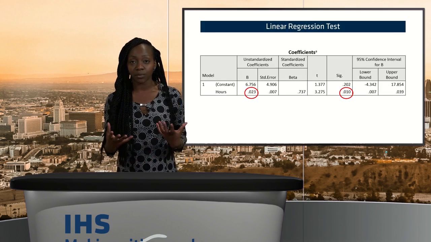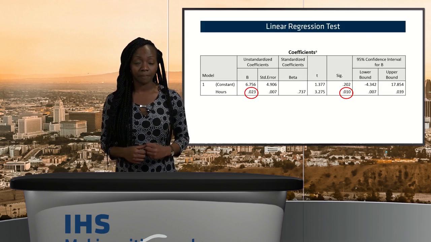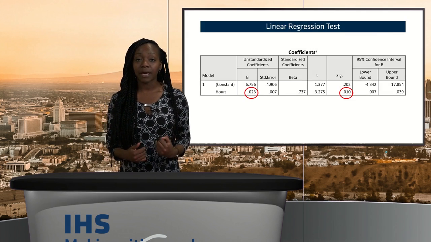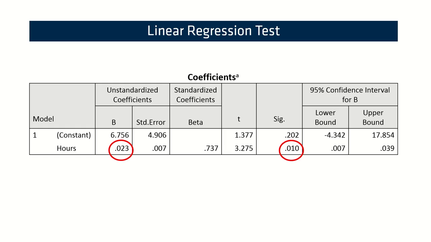The next table we look at is the coefficients table. In this table, we pay attention to the significance level and the beta B, also known as the coefficient or the magnitude of change.